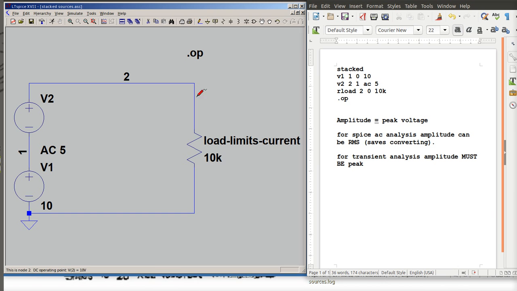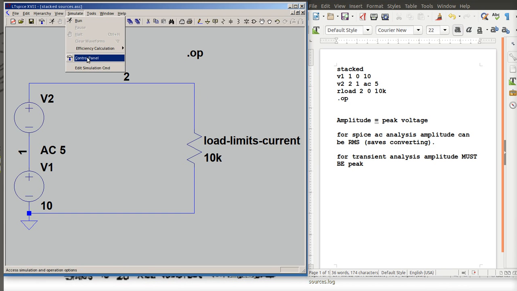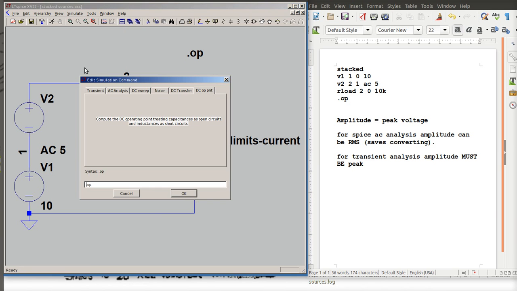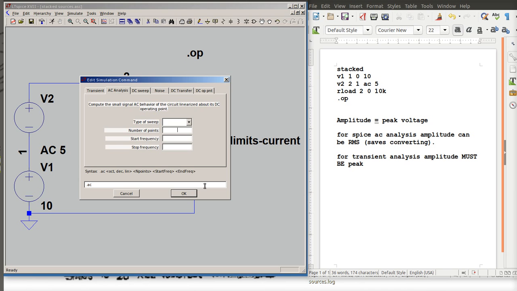Okay, now I want to do AC analysis. AC analysis is something we haven't done yet. So I want to go into here and edit my simulation command, and my AC analysis points, frequency. So I'm going to go with 1 point.